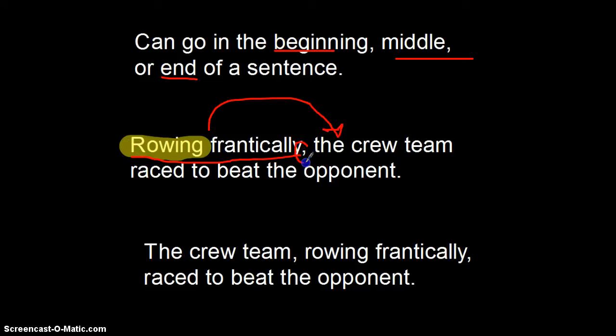Notice there's a comma after my participial phrase, separating it from the noun it's describing. If I put it in the middle, I'm going to give it two commas. This looks a lot like other things we've looked at in the past. Here, rowing is the actual participle, and "rowing frantically" is the participial phrase, and it still describes the crew team.